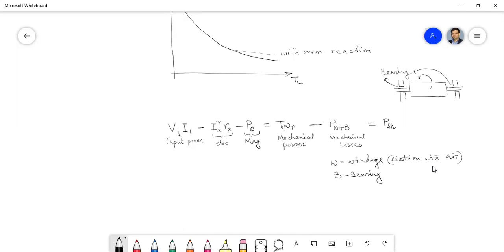Due to the friction between the bearing and the shaft, we get some bearing friction losses. We can reduce the bearing friction losses by proper lubrication, but still some bearing losses will be there. We cannot avoid this. So these are the actual losses in any rotational machine. Is the point clear?